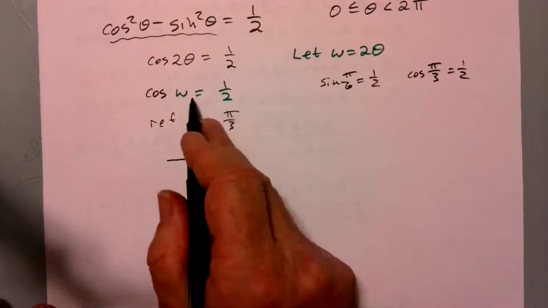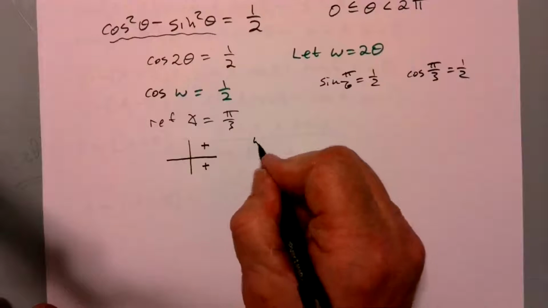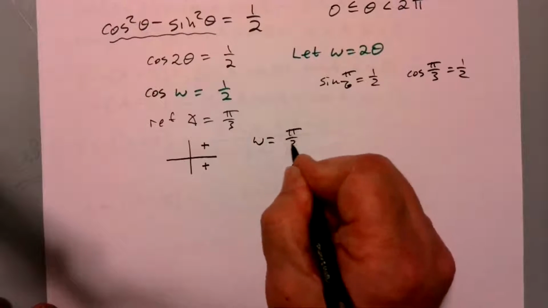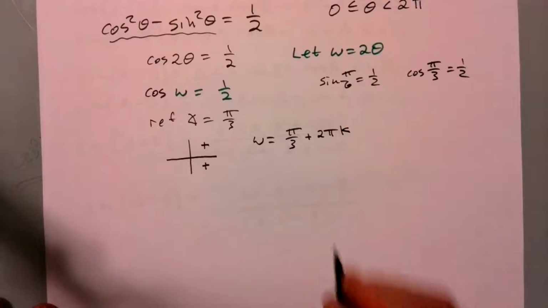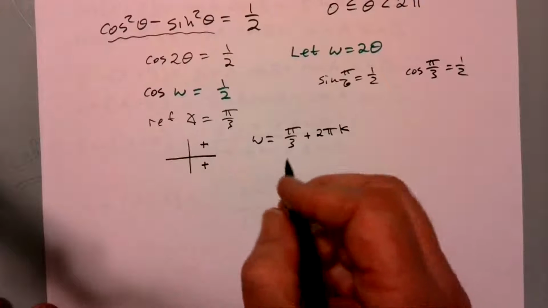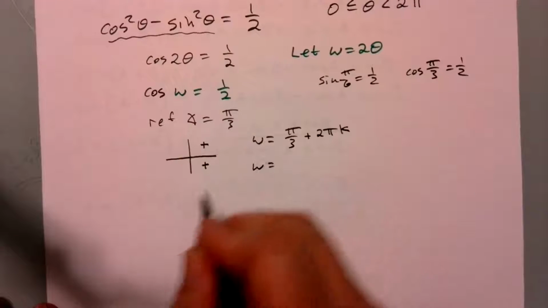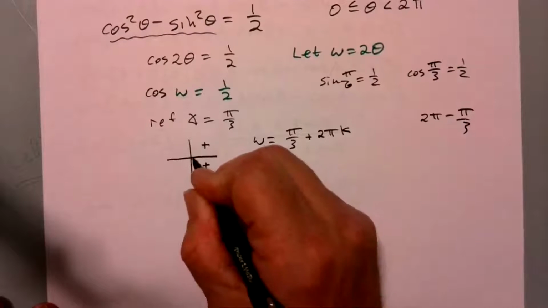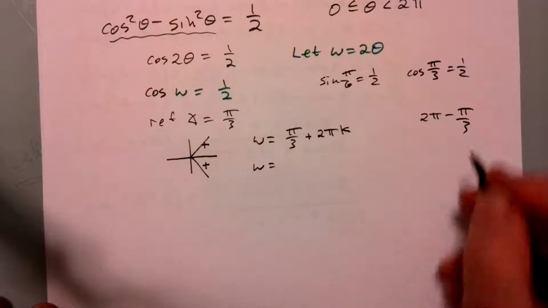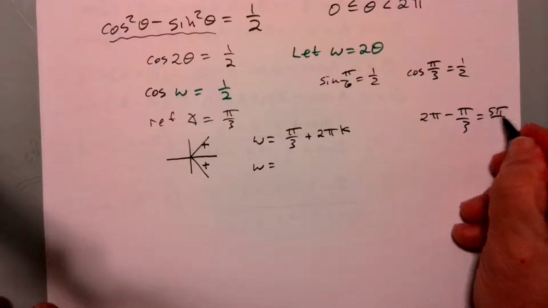So now remember, we're working off of W here. So what is W in quadrant 1? W in quadrant 1 is pi over 3, but let's not forget plus 2 pi k going all the way around. In quadrant 4, what would that be? W is 2 pi minus pi over 3. So coming down this way, coming that way. 2 pi minus pi over 3 is 5 pi over 3.